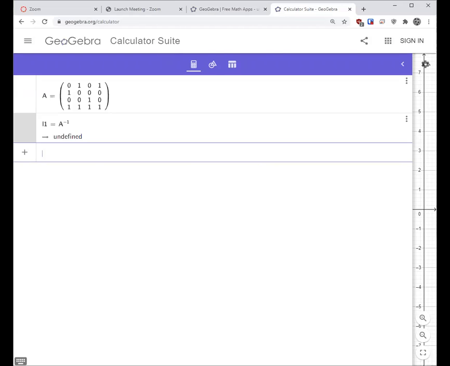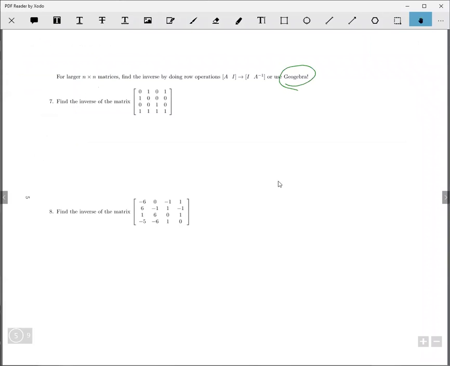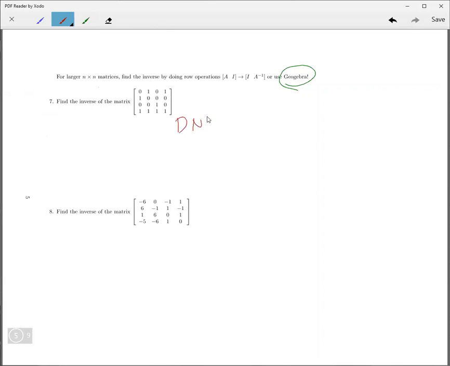Okay, so you just come back over here, and the answer to that one is simply does not exist. Okay, so if we had done this method, then we would probably have figured out pretty quickly that there's no way we could get the identity right here.